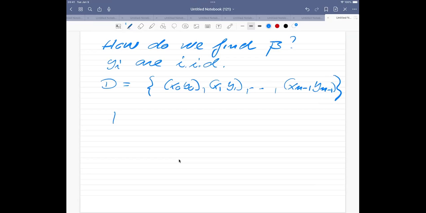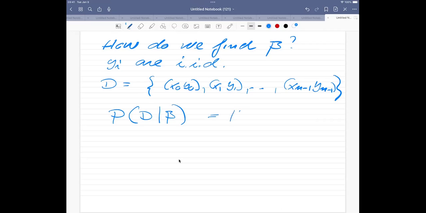And now we are defining a probability P of the whole domain with some given parameter beta. So given beta, we have a probability distribution. And again, we are going to set this up as the individual probabilities, but now we are going to introduce this binomial model. So we're going to make a model here.